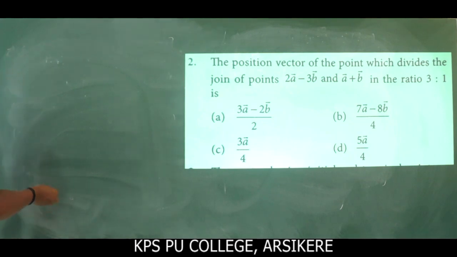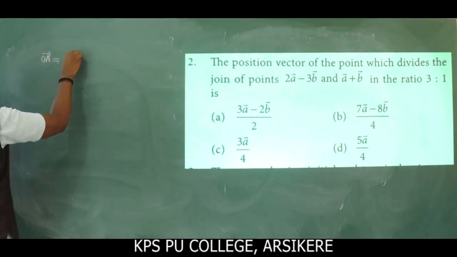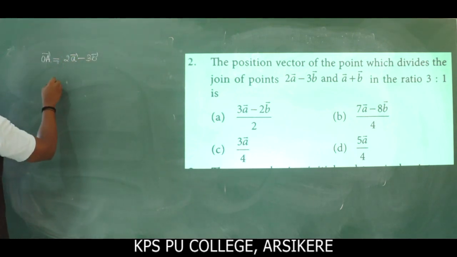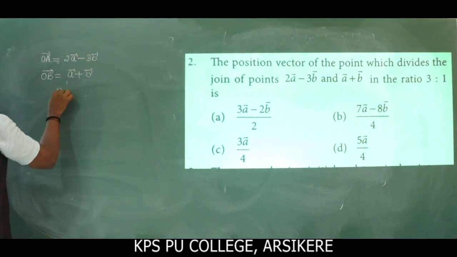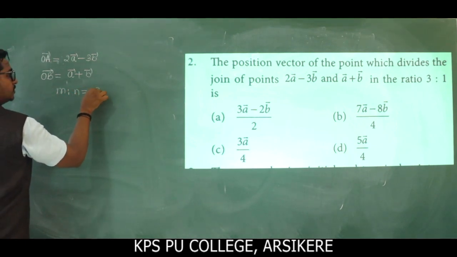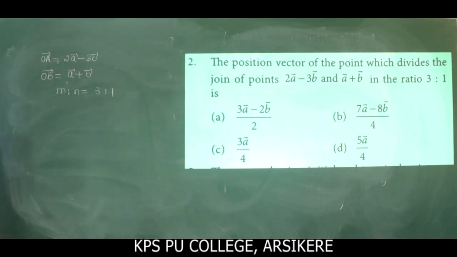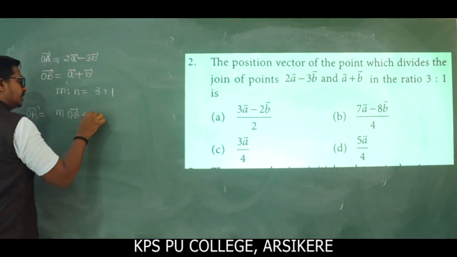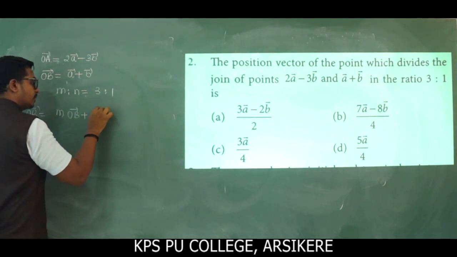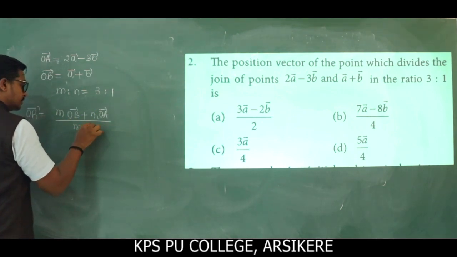Take the given vectors: vector OA is equal to 2A minus 3 vector B, and vector OB is equal to vector A plus vector B. The given m:n is 3:1. We have the formula for internal division: vector OR is equal to (m times vector OB plus n times vector OA) divided by m plus n.